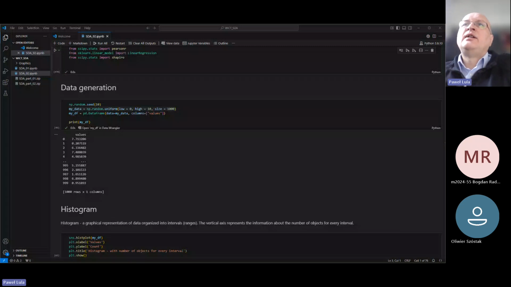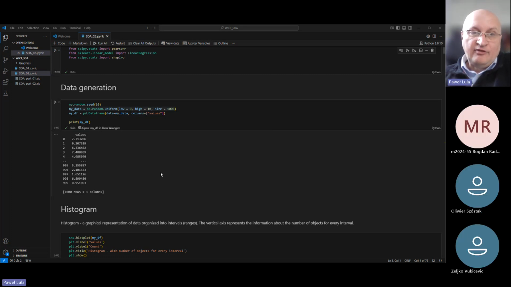So first, about random variables. When we want to define random variables, a random variable is a variable which can have different values.